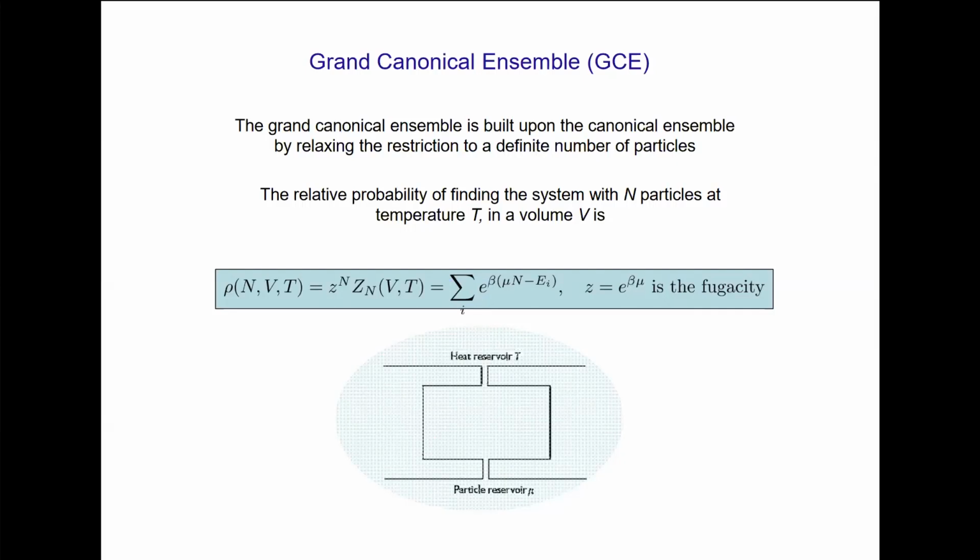we are going to relax the condition on the number of particles, and we will introduce the relative probability of finding the system with n particles at temperature T and volume V. T is still fixed, volume is still fixed, but the relative probability of finding the system with n particles will be z to the n times the canonical partition function for this number of particles.